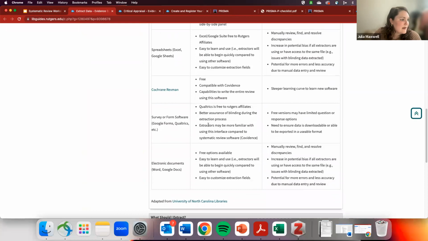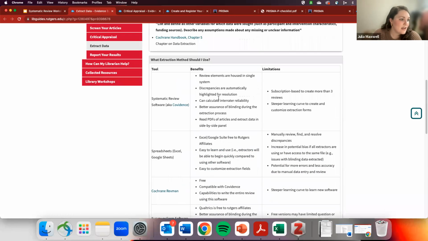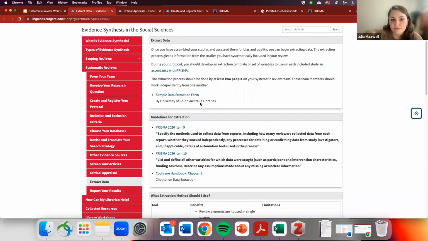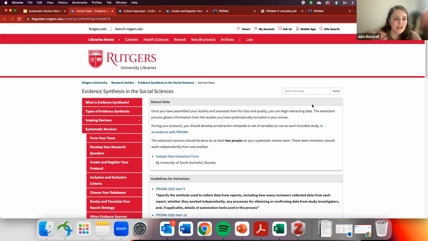So some people use a Google form and they'll type in and then submit and it generates the spreadsheet for them. Or you just use a Word doc. It kind of just depends on what your team decides. But all of those are valid extraction methods. PRISMA has some items for extraction as well, to make sure that you're staying within the bounds of what you should be reporting on when you write your review about extraction.